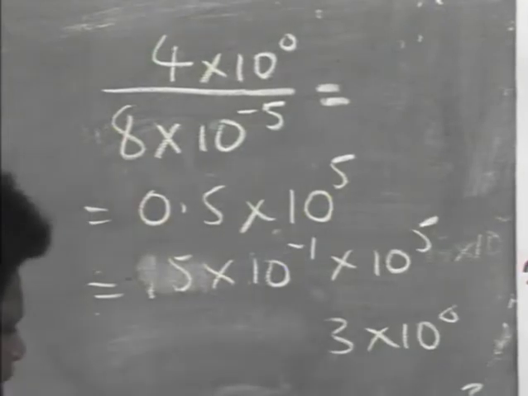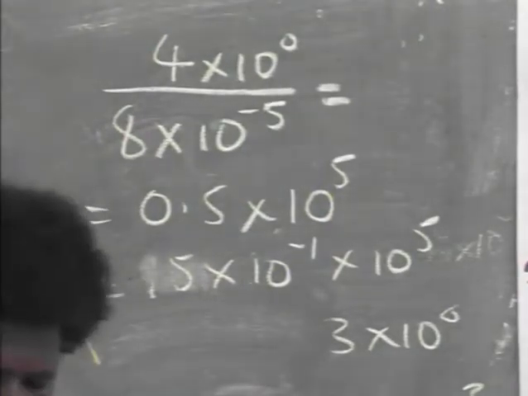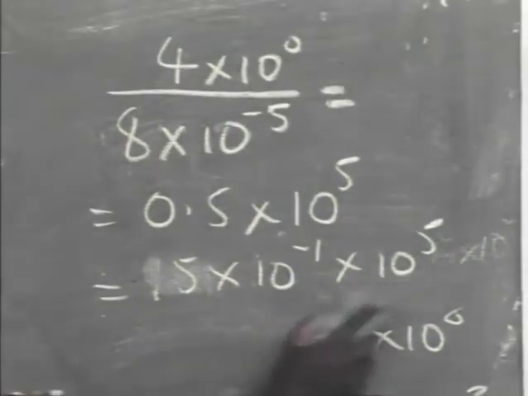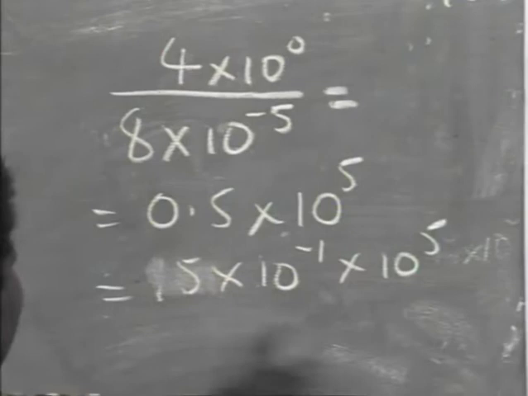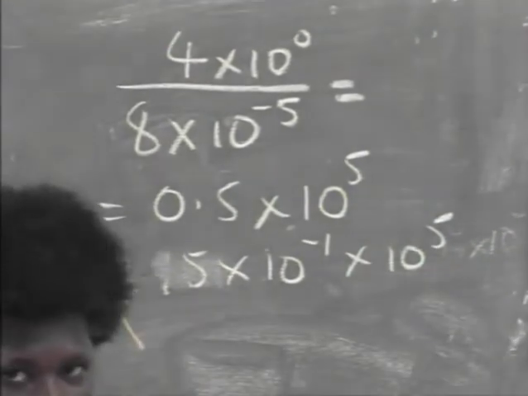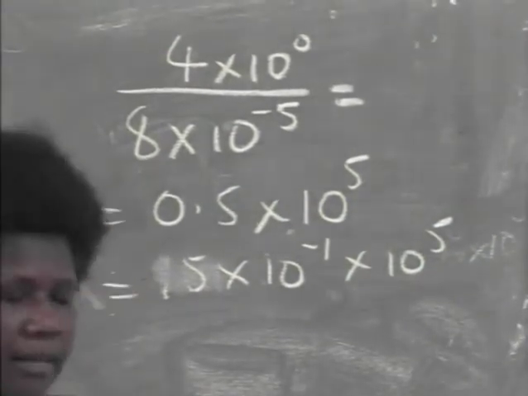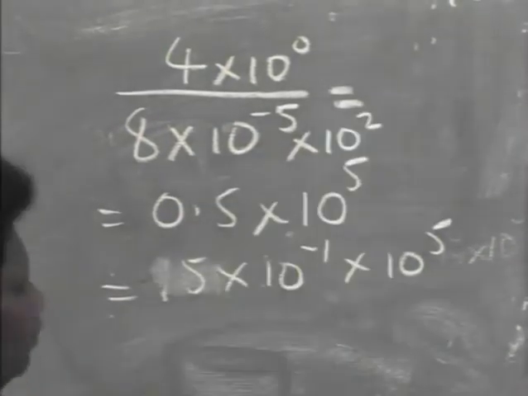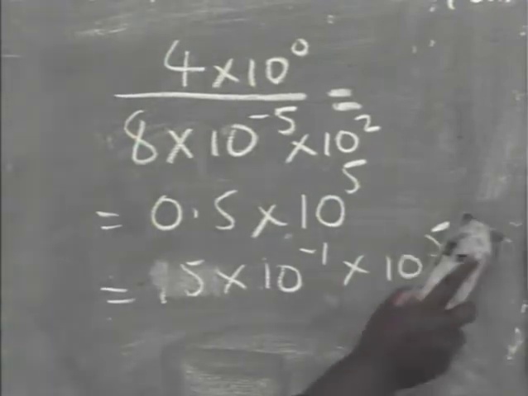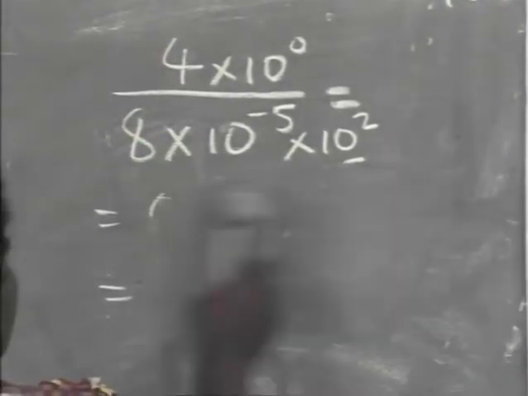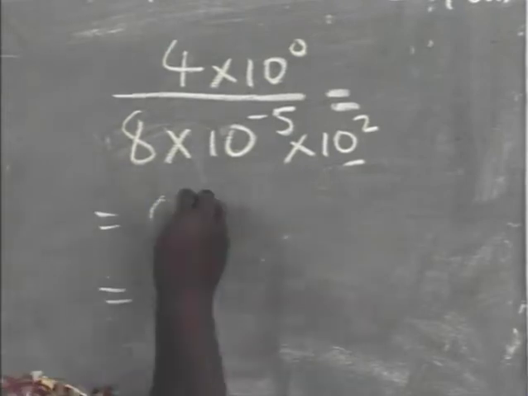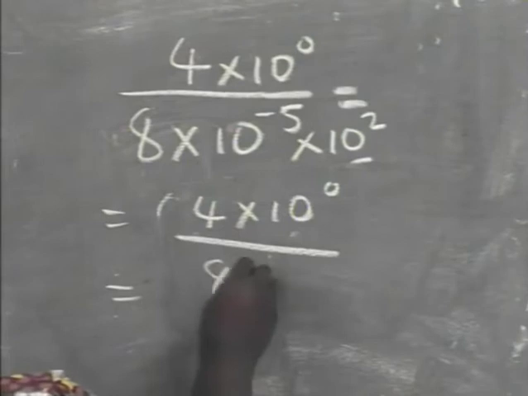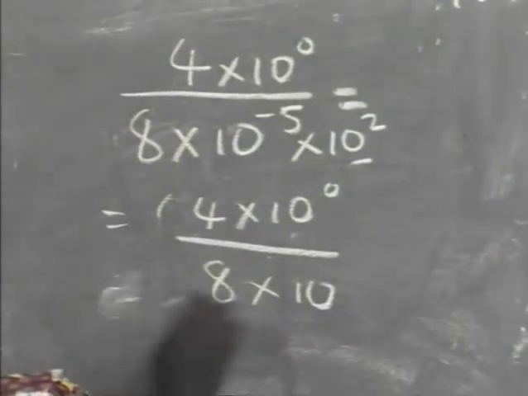Should be what? Oh, sorry. Okay, so I have to multiply by 10 to the power of 2. So it's 4 times 10 to the power of 0 divided by 8 times 10 to the power of negative 3.